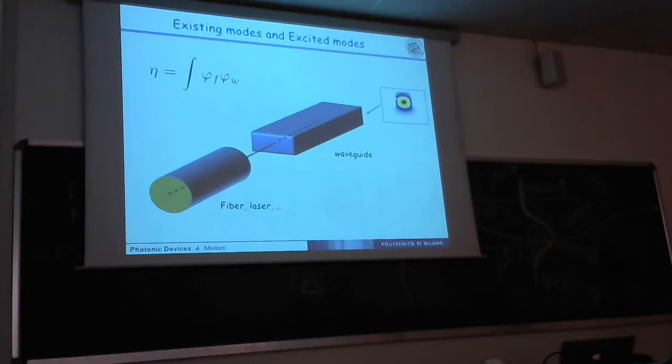So you excite the modes of this waveguide. And as a first approximation, you can say that the efficiency of coupling is the overlap integral between the shape of the two modes.